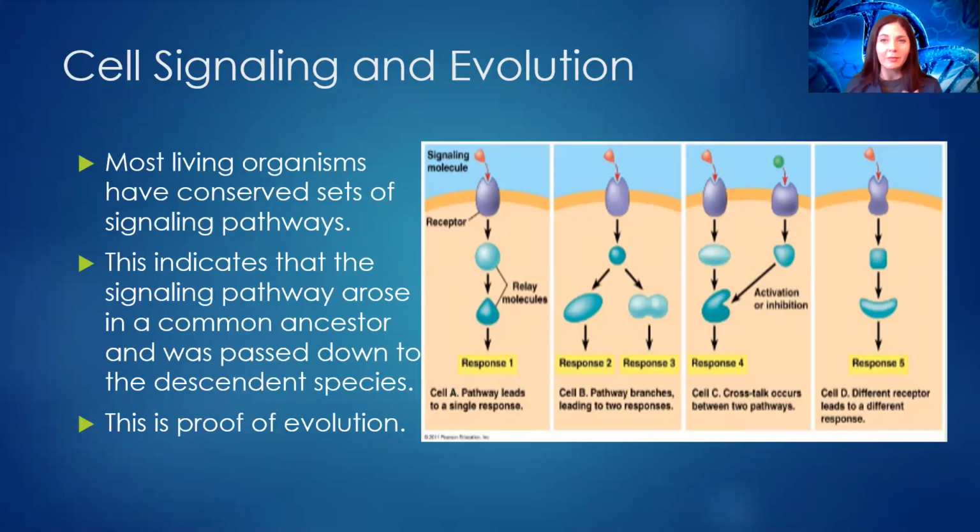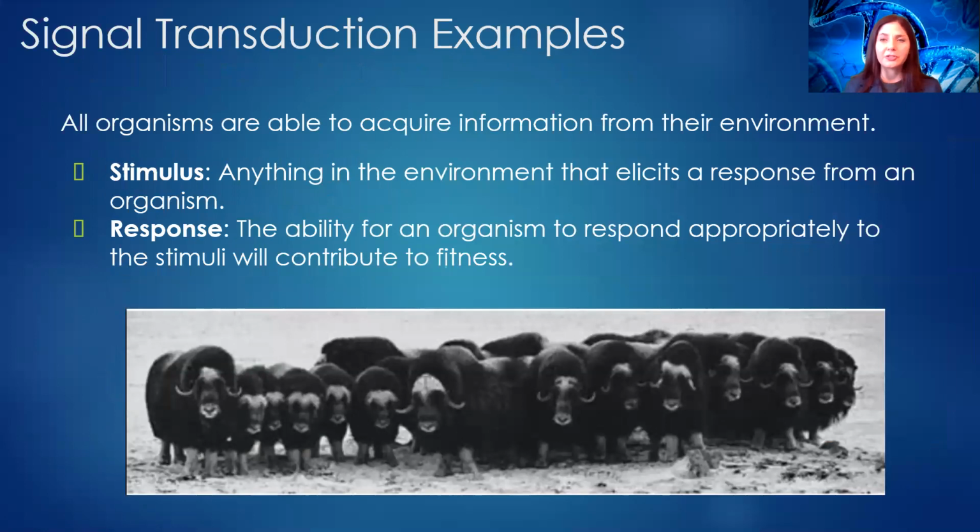So whether we're talking about prokaryotic bacterial cells and quorum sensing, or whether we're talking about super advanced multicellular organisms such as dogs, they all use cellular communication through signal transduction pathways. And so as far as interacting with our environments, we have to have a way to interact with our environments and to maintain homeostasis.